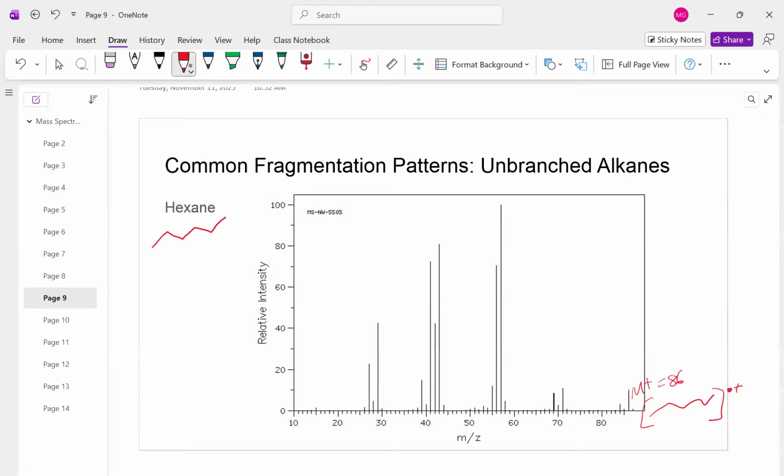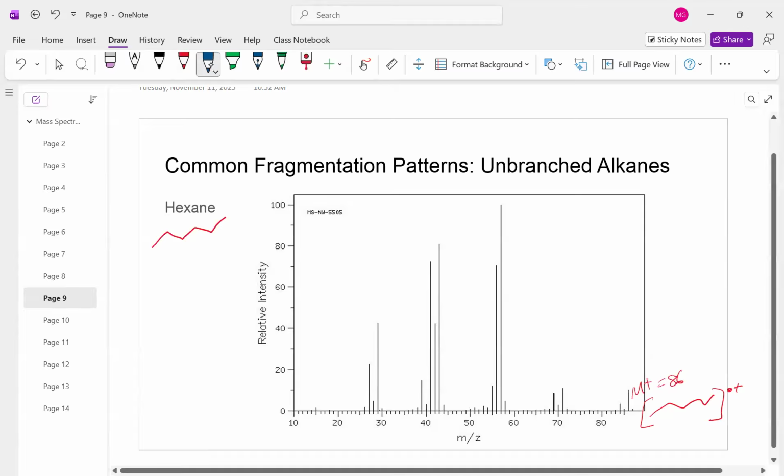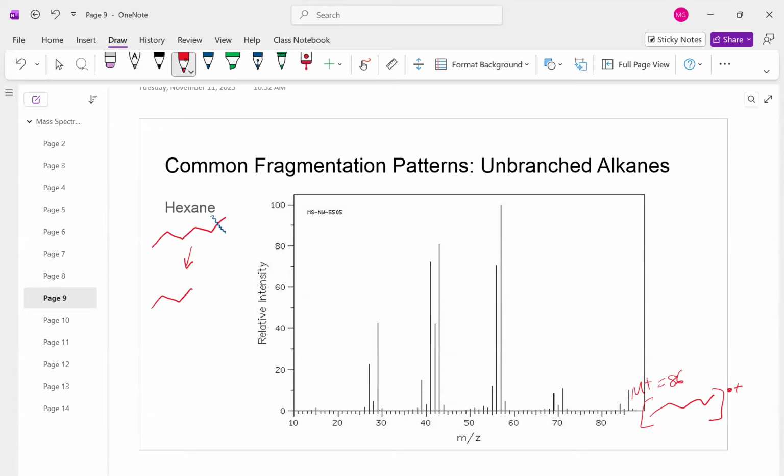One of the most common things we do with an alkane is just start lopping off carbons. Start at the end and break off a carbon. So we'll end up with 1, 2, 3, 4, 5, this cation and a methyl radical.